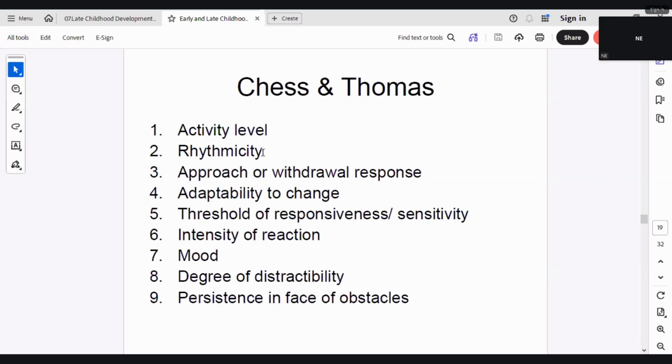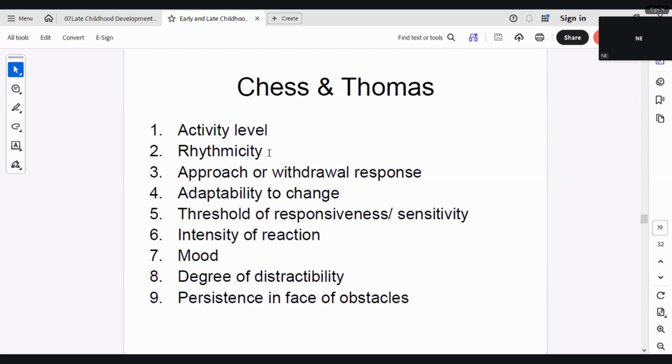That's a description of how organized their clock is, versus some kids where, if their eating is delayed, it's fine. Their sleep again is not on the clock, so that's what rhythmicity is.